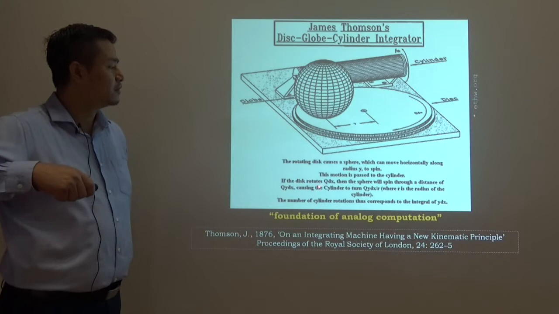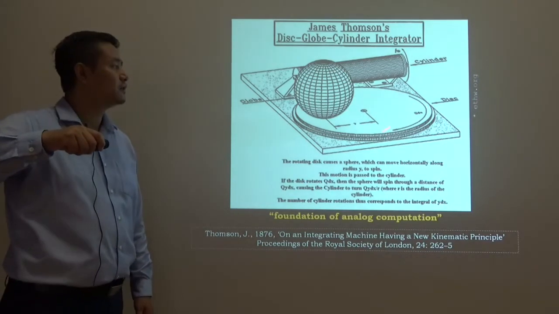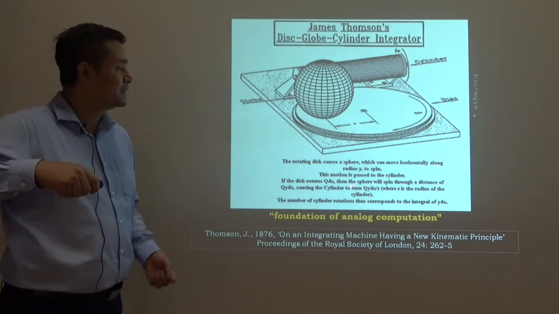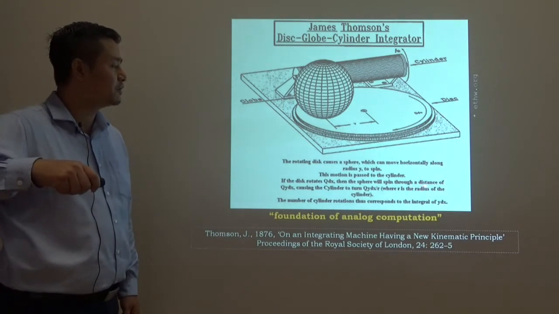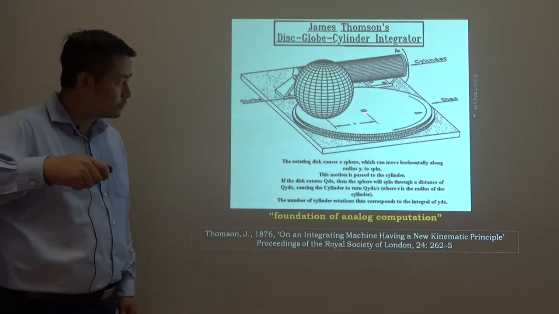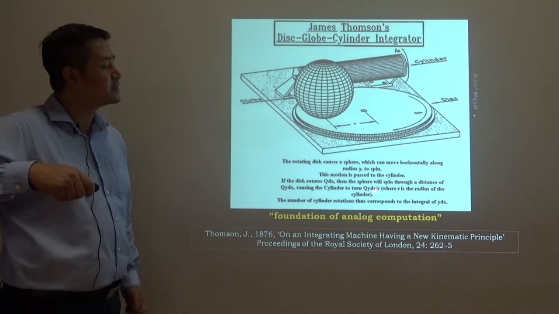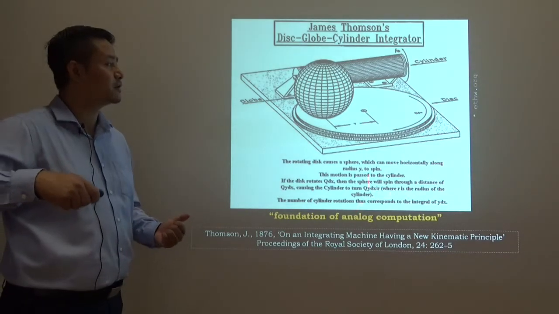If the disk is rotated q dx amount, then the sphere will spin through a distance of qy dx as it moves, causing the cylinder to turn qy dx divided by r, where r is the radius of the cylinder.